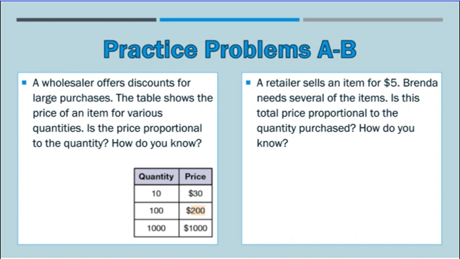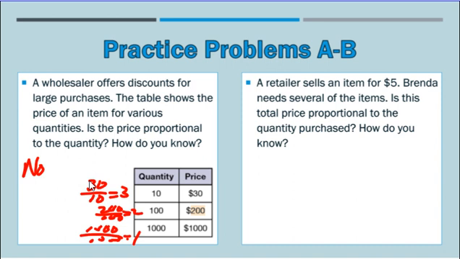If we take the price over the quantity, this is 3. So then if I do 200 over 100, that's 2. And 1,000 over 1,000, that's 1. The rate is not the same, so no, this isn't proportional because the rate is not the same per quantity.